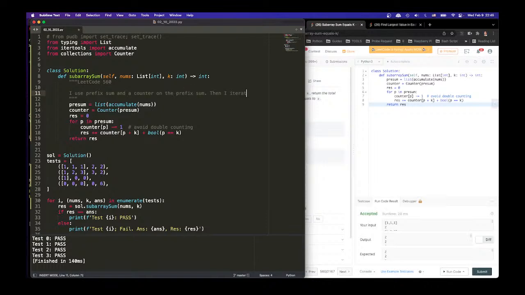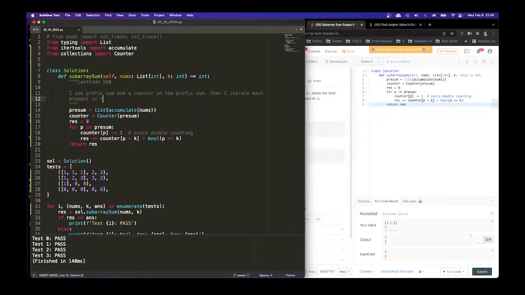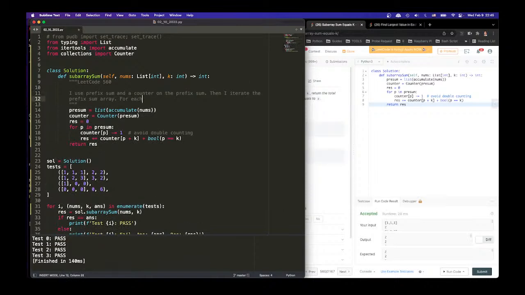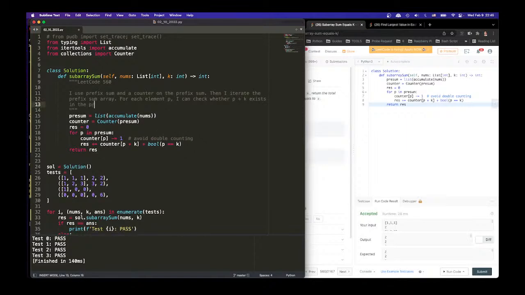Then I iterate each element in the prefix sum array. For each element p, I can check whether p plus k exists in the prefix sum.